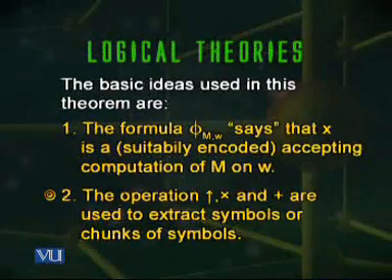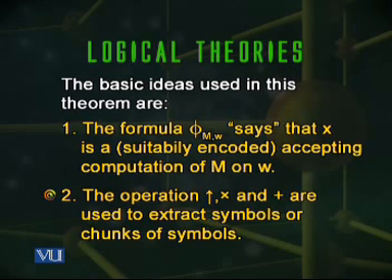The second point is that the operations times, plus, and exponentiation are used to extract symbols or chunks of symbols. If you have a computation history, which is just a configuration followed by another configuration followed by another configuration, you can think of this computation history as a large number which is written in some large base.